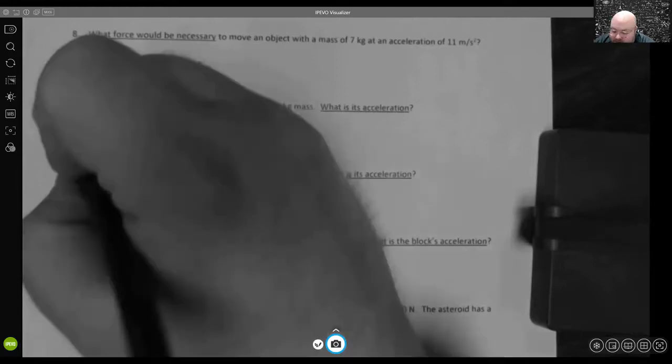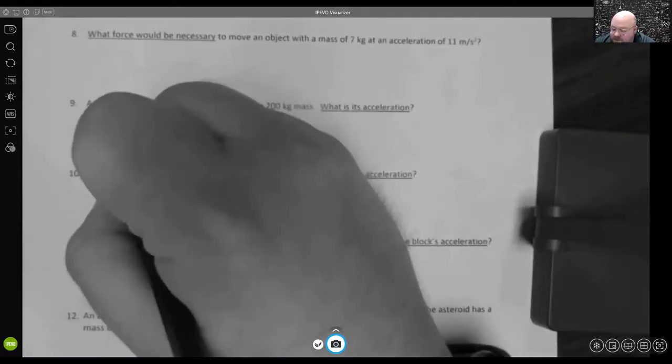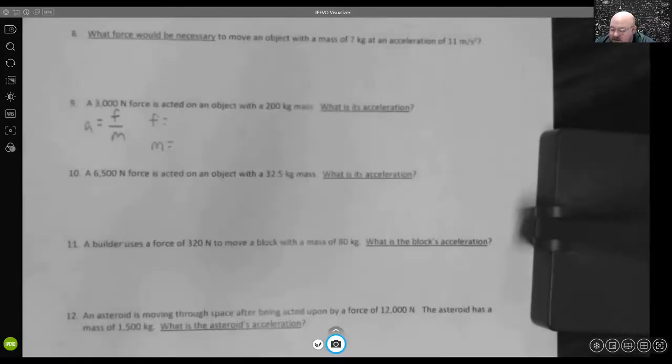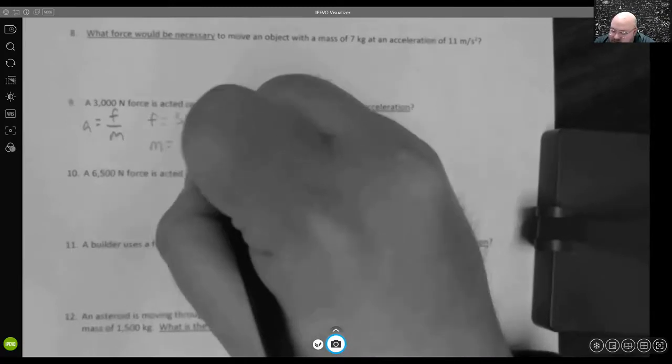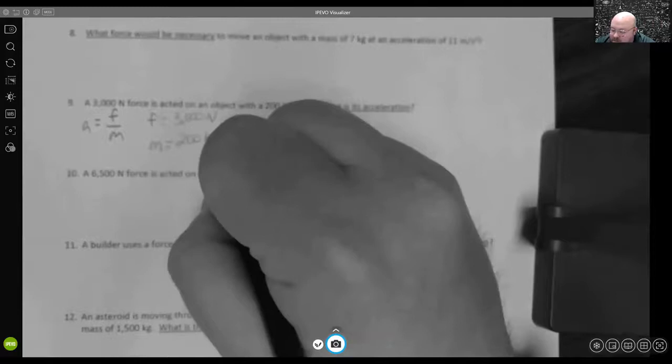So A equals F over M, okay? So we figure out what our force is, what our mass is. In this case, our force is 3,000 newtons, and our mass is 200 kilograms, okay?